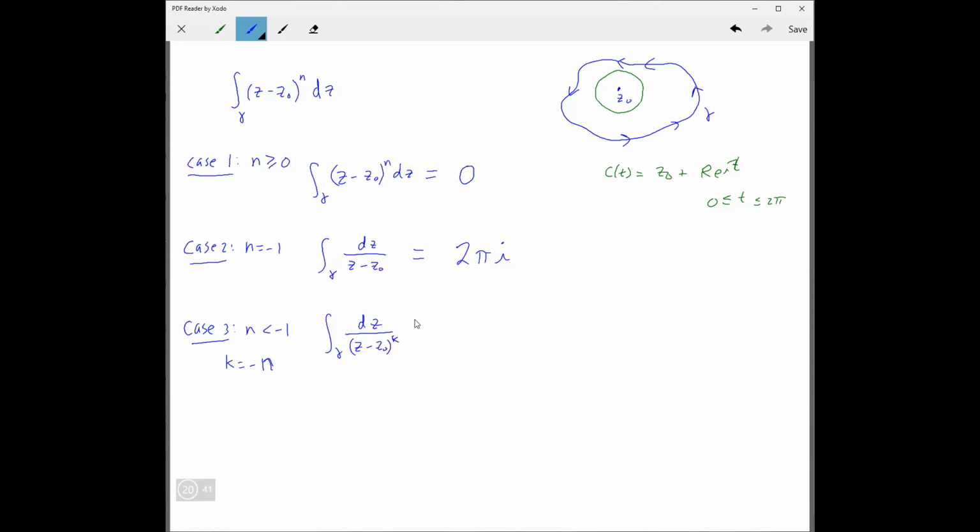Okay. So does anybody remember what this integral is going to be? Is it f of k minus 1 w? The derivative, right? Yeah. Derivative.